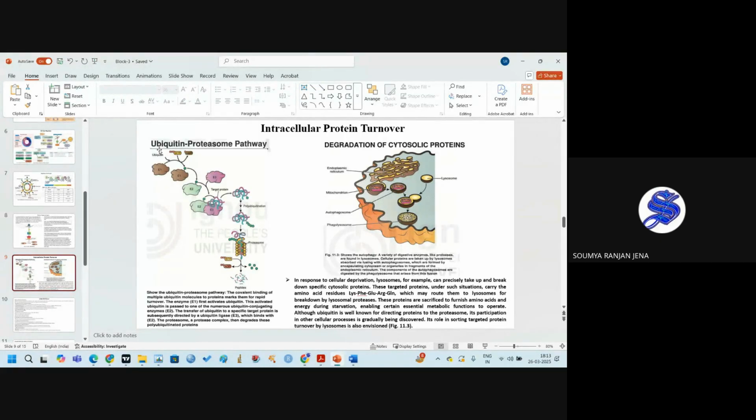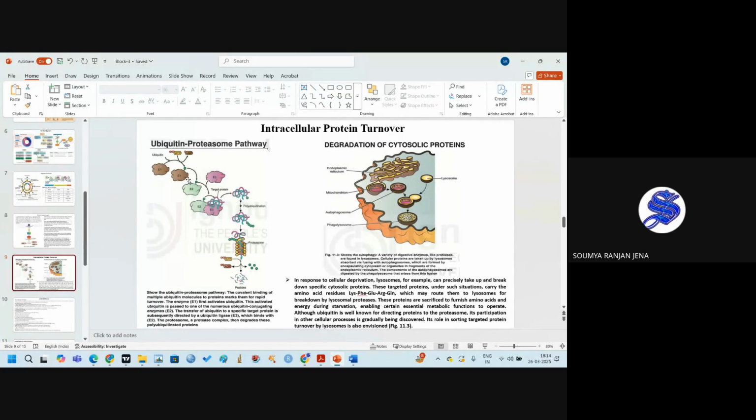Ubiquitin will bind the enzyme E1. This enzyme E1 first activates ubiquitin by using one molecule of ATP, and the ubiquitin-E1 complex is activated. Then this activated ubiquitin is passed to numerous ubiquitin-conjugating enzymes.